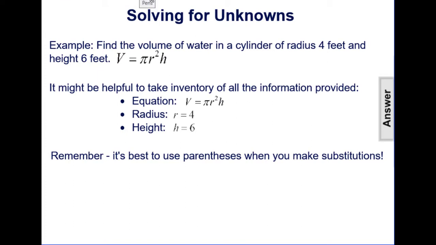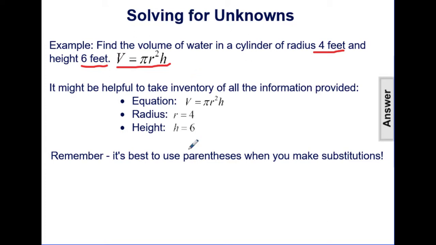Find the volume of water in a cylinder of radius 4 feet and height 6 feet, where V equals pi r squared h. It might be helpful to take inventory of all the information provided. So here we're given the equation, the radius, and the height. Remember, it's best to use parentheses when we make substitutions.